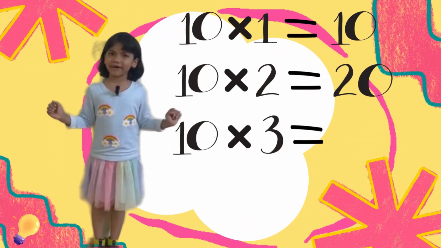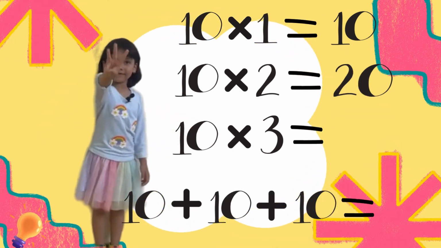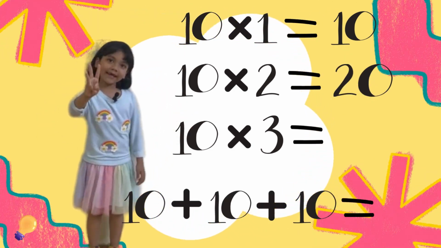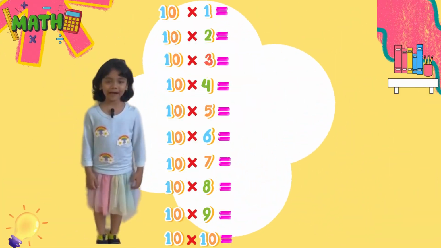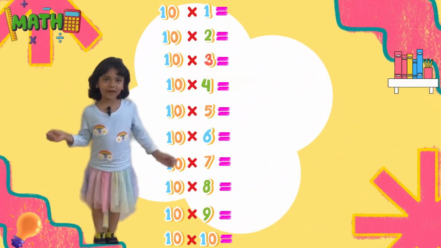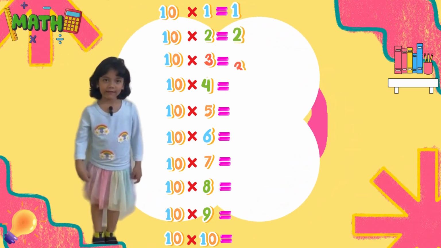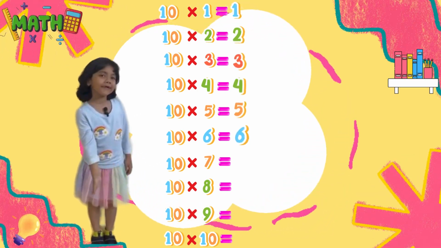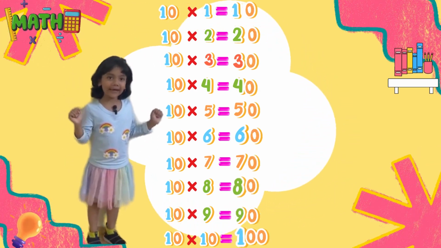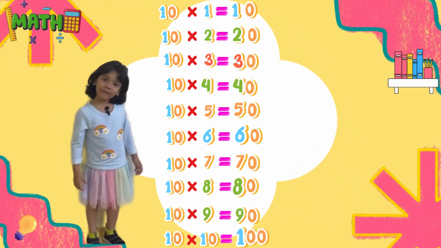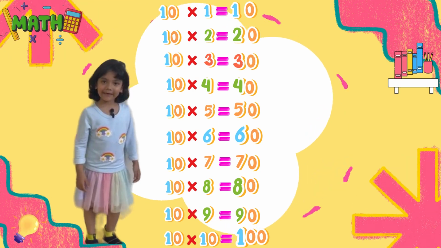Now 10 threes are means 10 is 3 times, so 10 10 10, so answer is 30. To write the table of 10, we simply write all the numbers and then we write 0 with all the numbers we have written. So 10, 20, 30, 40, 50, 60, 70, 80, 90, 100.